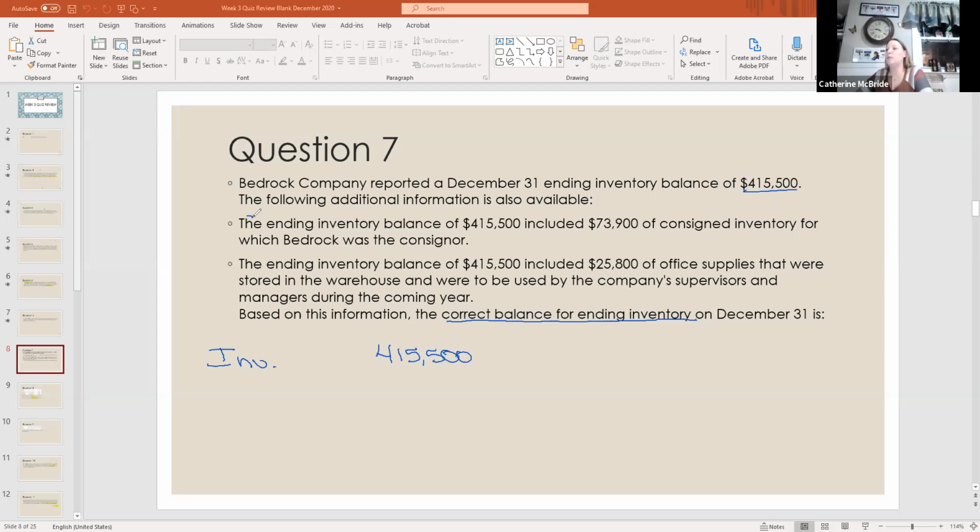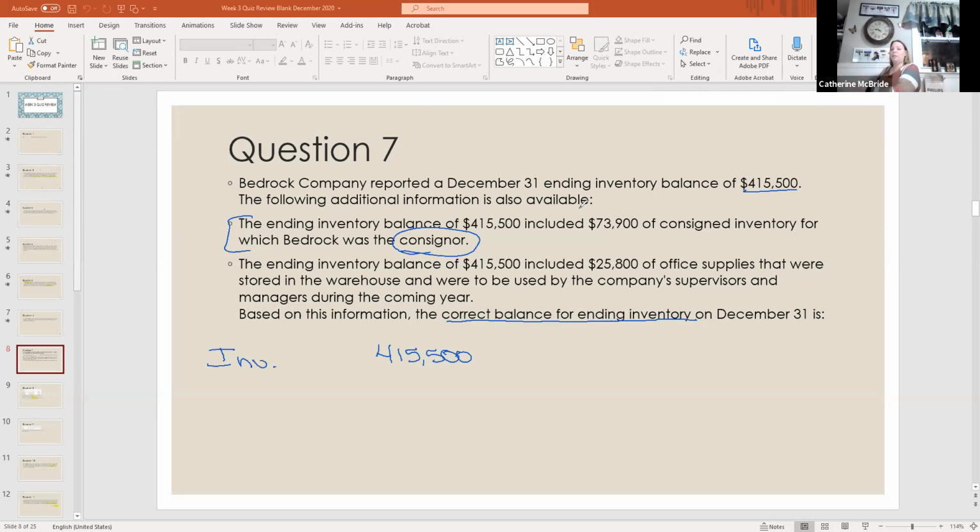This is the one that's weird. The ending inventory balance of $415,500 included $73,900 of consigned inventory, for which Bedrock was the consignor. A company that has consigned goods that they're selling, like you'll see in antique stores, that inventory in there doesn't belong to them.